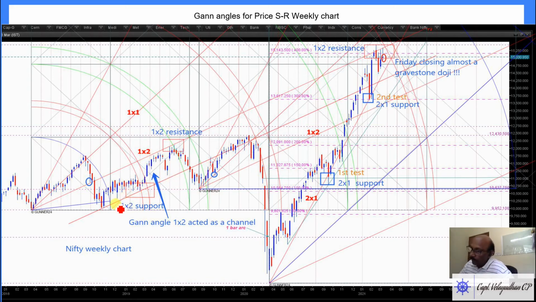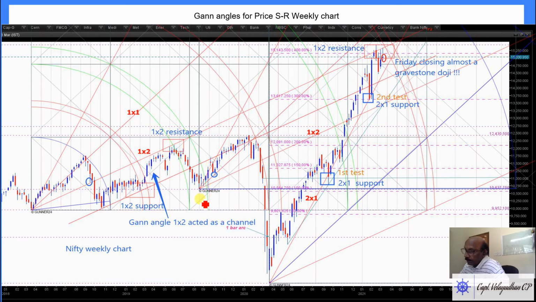And every time it tried to reach this resistance angle, it came down. And at this place, the resistance was strong, it broke this support. Then for a few weeks, price corrected itself, and again it took support at some level here, then tried to move.